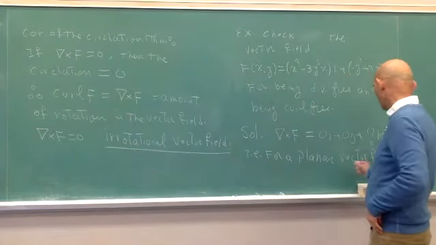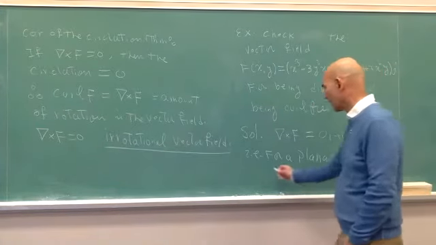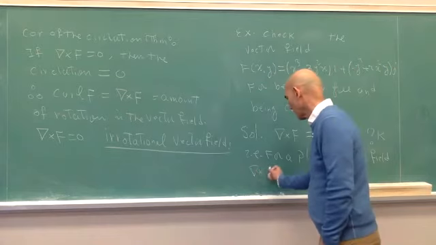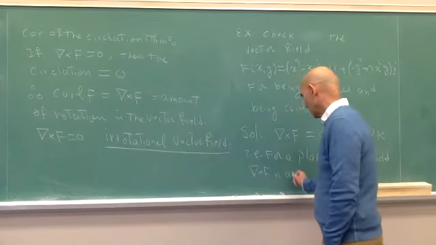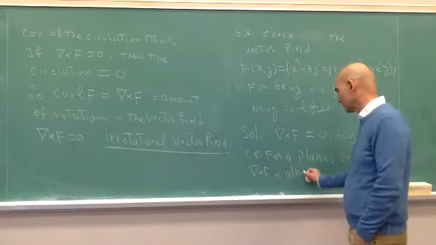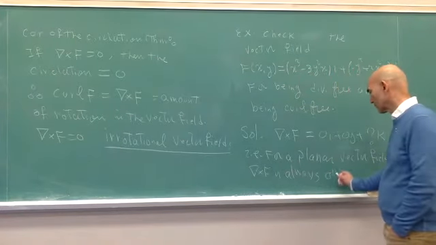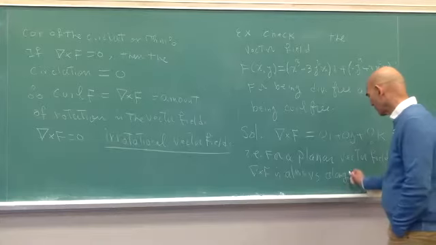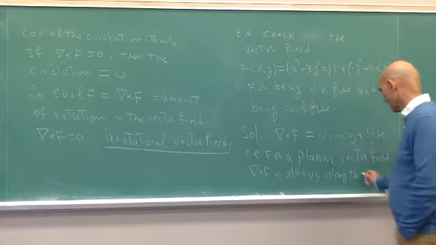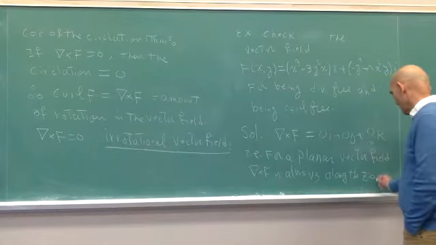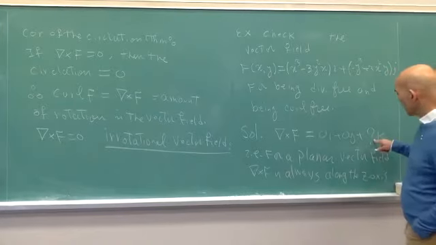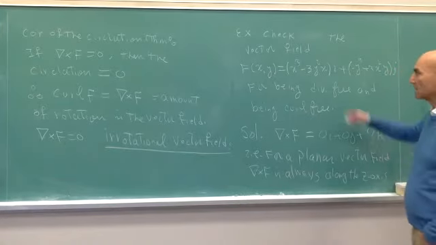Anyhow, for a planar vector field, the curl is always along the z-axis. That's a good thing to know. Now, what amount of z-axis component it has, we'll find out.